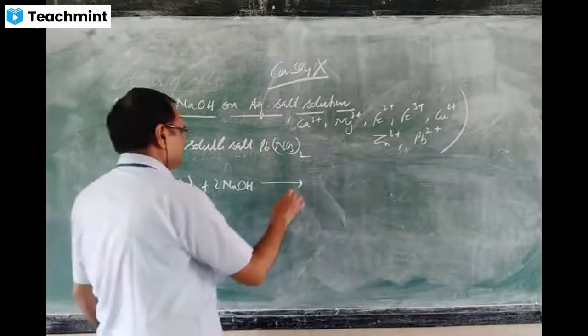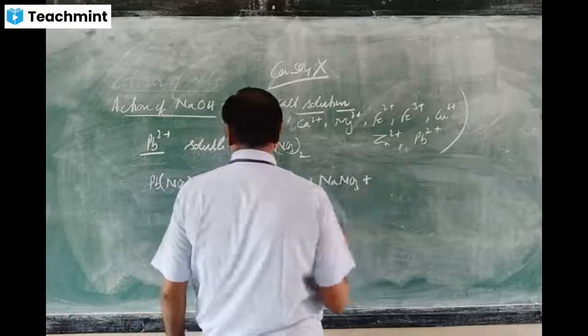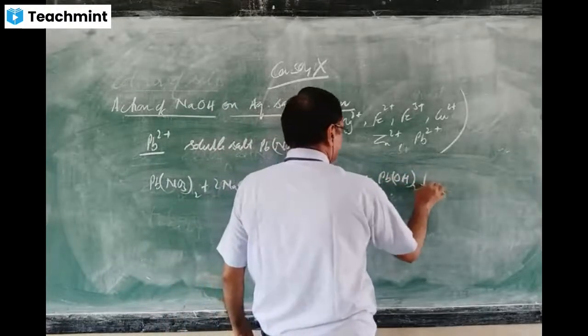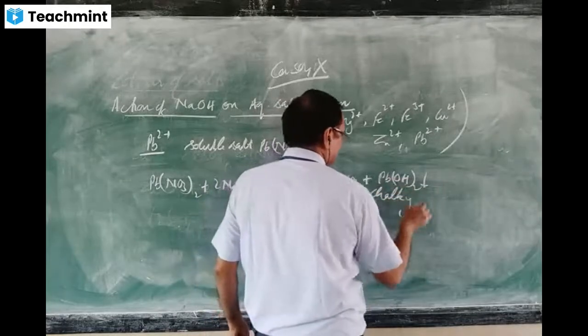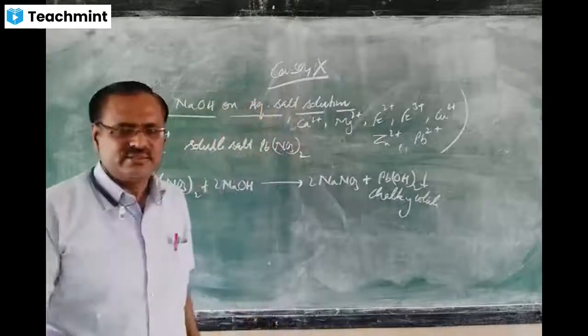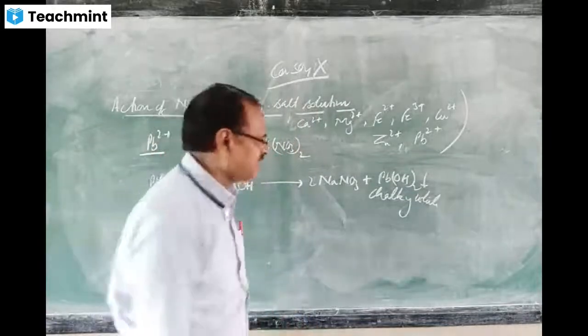It forms sodium nitrate and lead hydroxide, and this lead hydroxide is a chalky white precipitate. What is chalky white? Take chalk and dissolve it in water; it will settle. That is called chalky white.